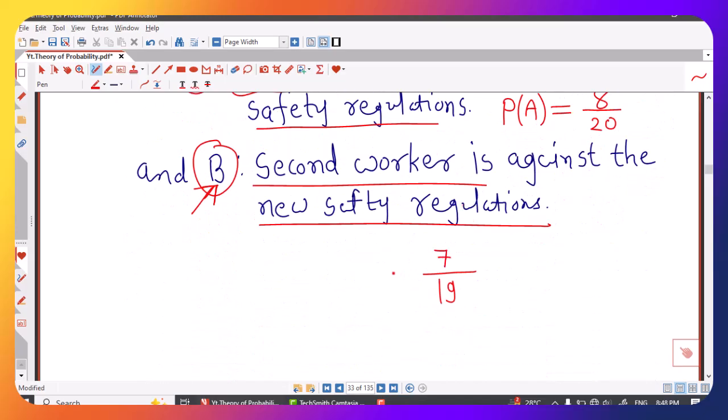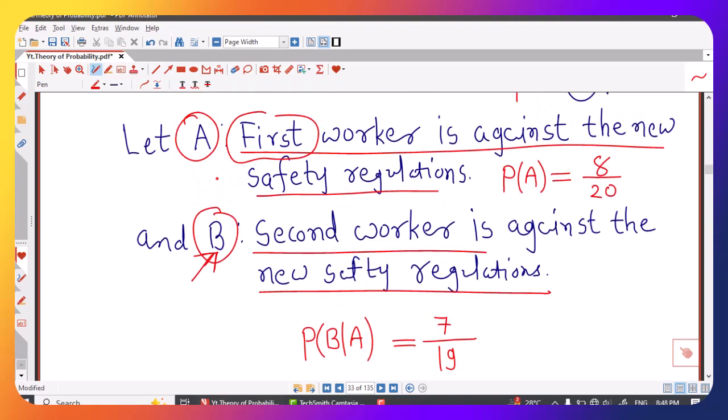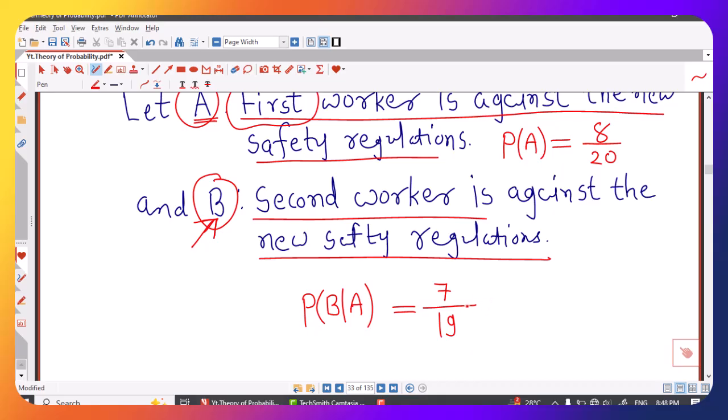Therefore, this is going to be the probability of B given A, because event B is affected by the occurrence of event A, because we have taken the first worker against the new safety regulations as event A, and that affects the occurrence of event B. Here we can see that the sample space is reduced to 19.